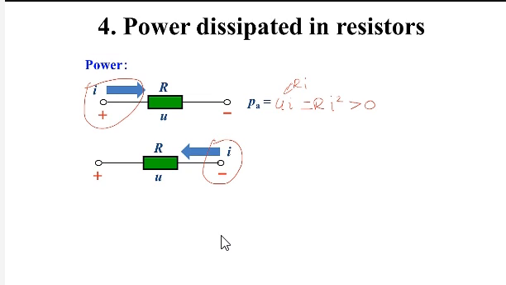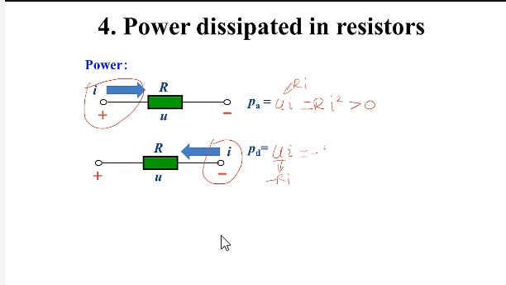Nonetheless, if we mark the non-associated reference directions, that is, a current flowing into the element from the negative terminal, based on the discussion on power in our previous lecture, we have two different ways. The first is U times I, but at this time, Ohm's law on the resistance is no longer U equals R times I. The reference directions of U and I for the resistor R are non-associated.